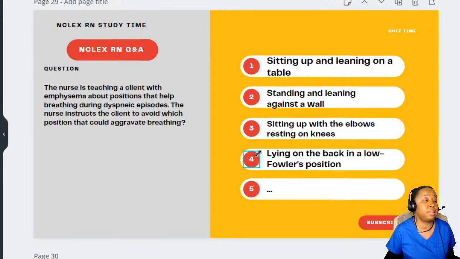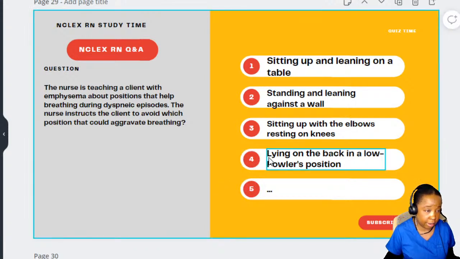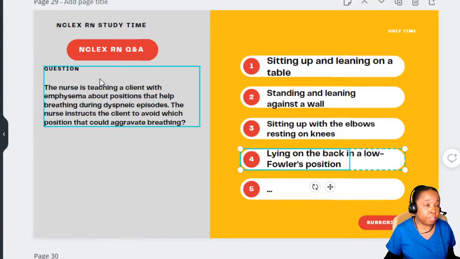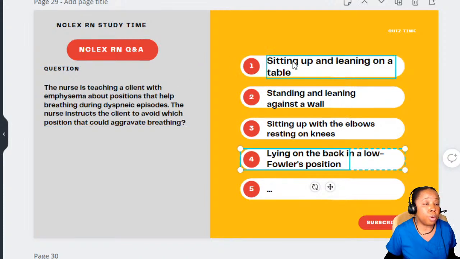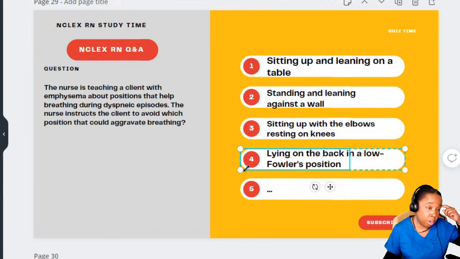Okay, you know, this is a very tricky question, guys. After we went over the question and then go through each answer, in our brain all the answers are good. The only one that is bad is this one. But the thing is, they don't ask you for what is best, what is good. They ask for something bad the patient is doing that can cause the patient to get worse.